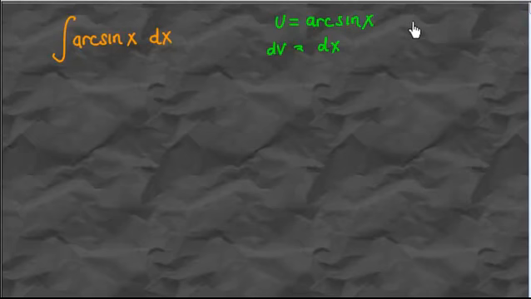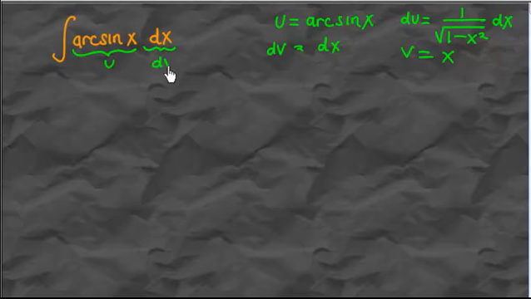From this choice we have du equals, well, unfortunately you need to memorize or know how to derive the derivative of the inverse trigonometric function. So du is 1 over square root of 1 minus x squared dx. And from dv equals dx we have v equals x. So this is u and that's our dv.